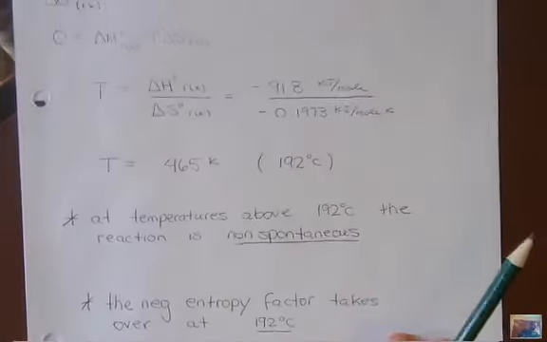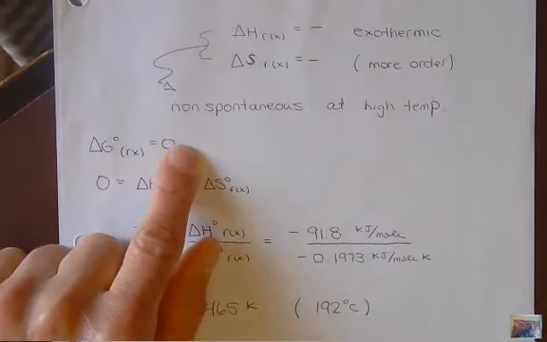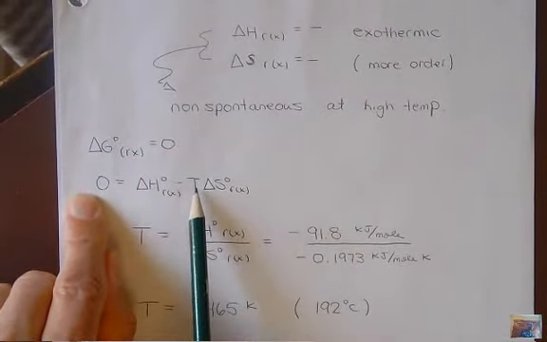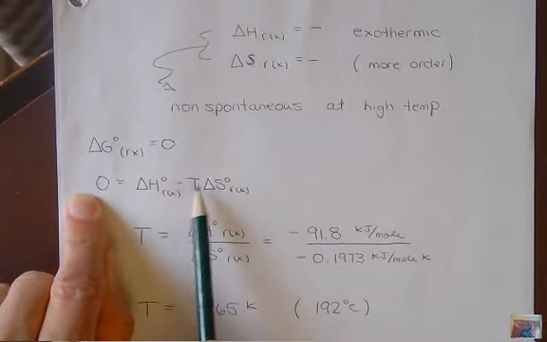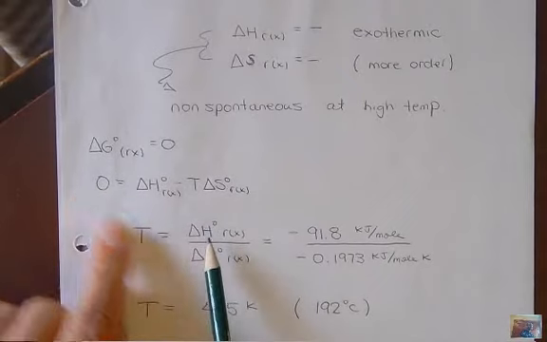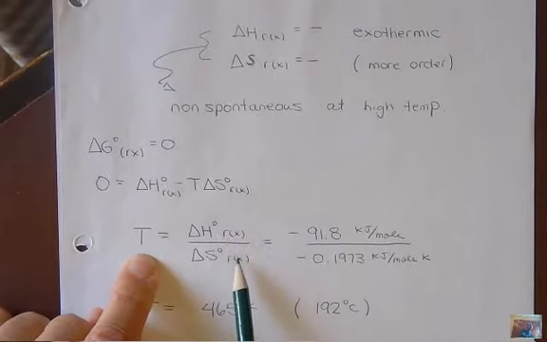Right now, it's spontaneous. So what do I do? I set my delta G0 equal to 0 like we did in the last case. Solve for T, right? If I solve for T, what happens? Minus T delta S would go over to the other side. Then I divide both sides by delta S and I get T is equal to delta H for the reaction over delta S for the reaction.